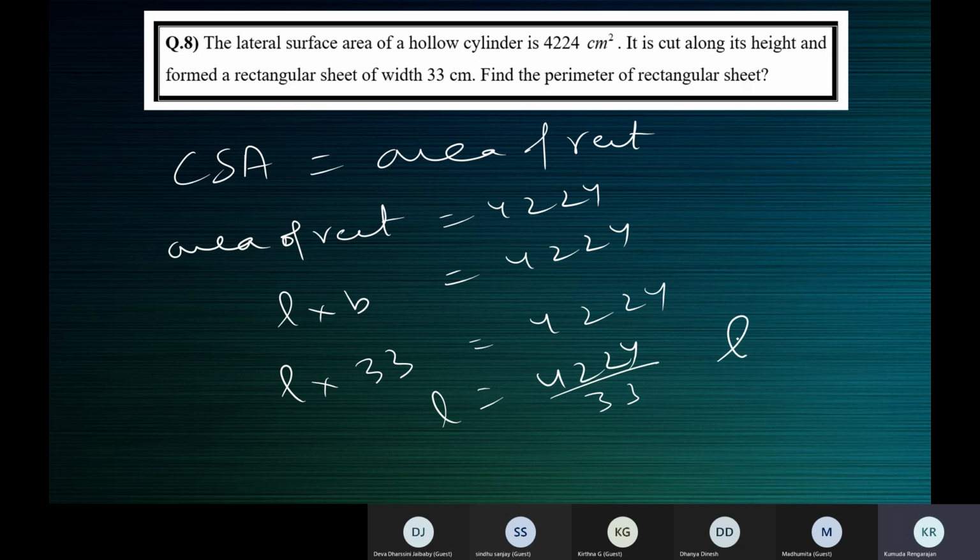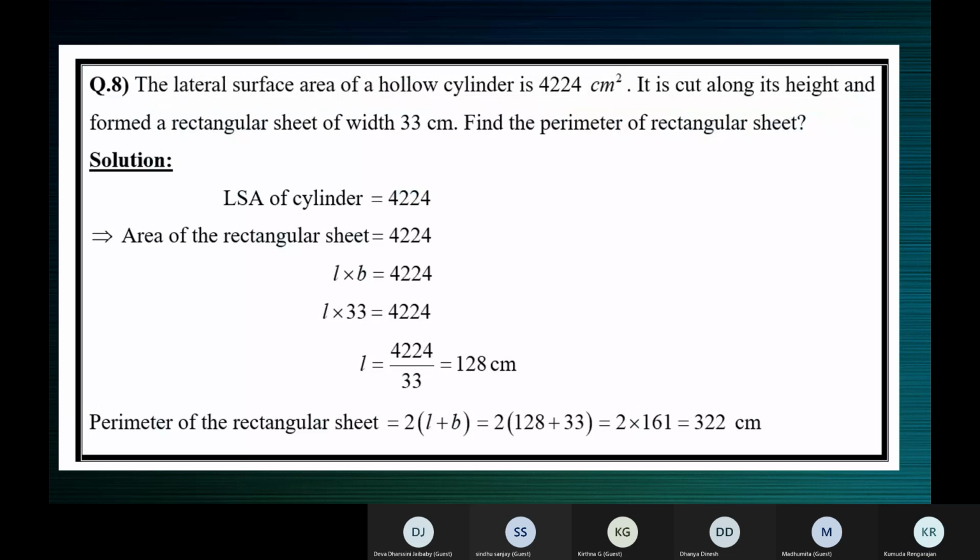Now you know the length and breadth, so find the perimeter. Please work, children. Am I audible and clear? Yes, ma'am.